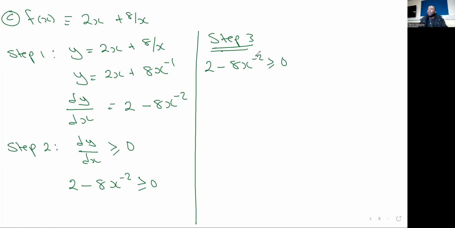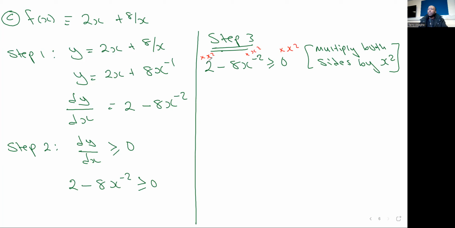So we have 2 minus 8x to the minus 2 greater than or equal to 0. In order to remove the minus 2 index, we multiply through by x squared. So I multiply both sides by x squared: I multiply this by x squared, this by x squared, and this by x squared.